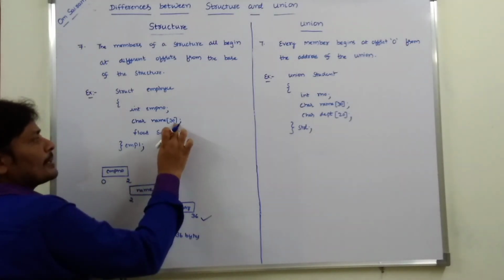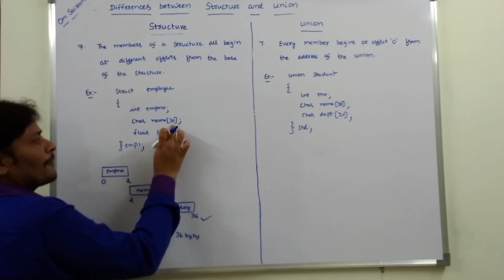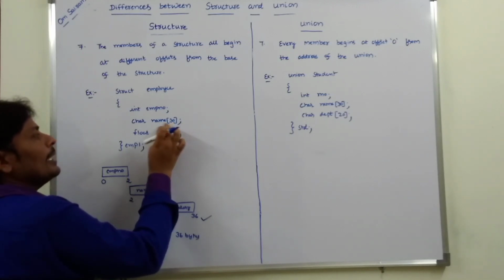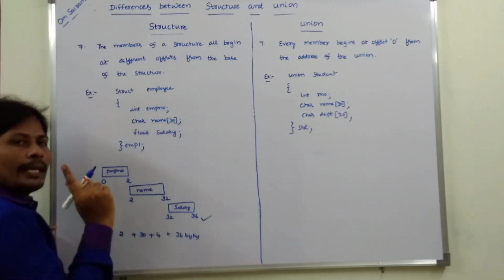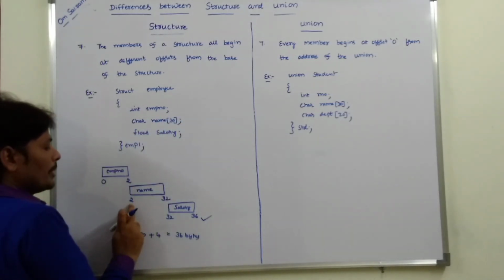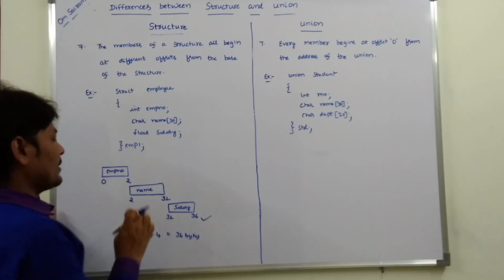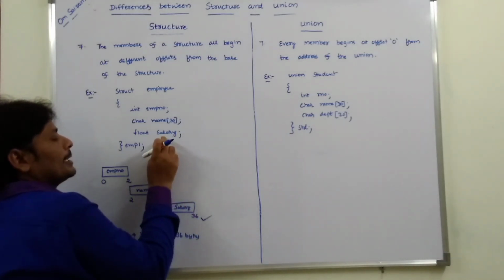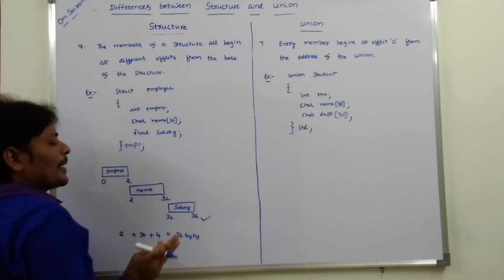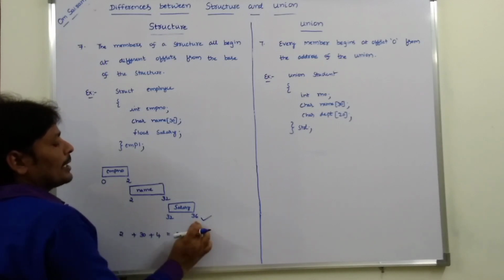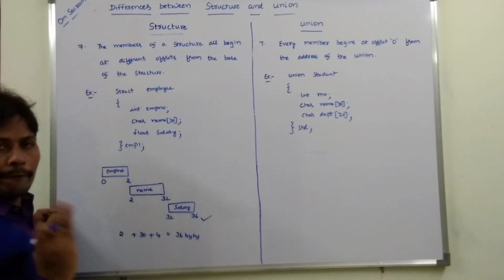Employee name occupies 30. Size of the character array is 30. Each character occupies 1 byte. So that is 30 bytes. So difference between 2 and 32 is 30. Next, employee salary. This data type is float. It occupies 4 bytes. The difference between 32 and 36 is 4 bytes.